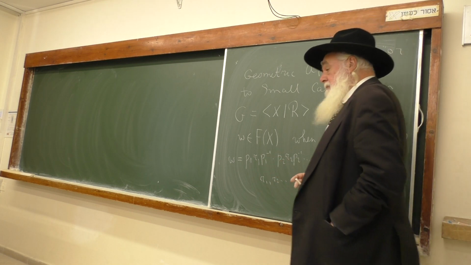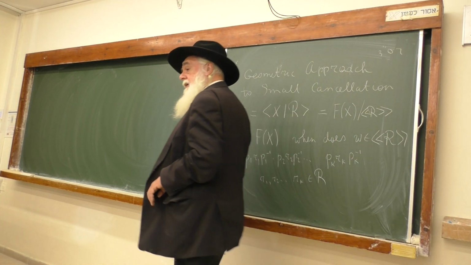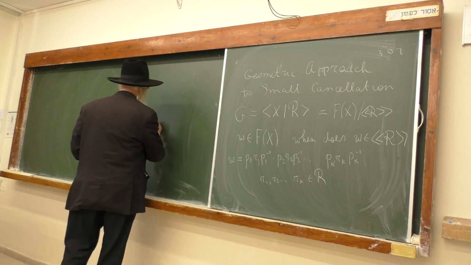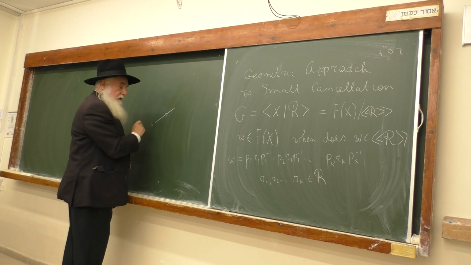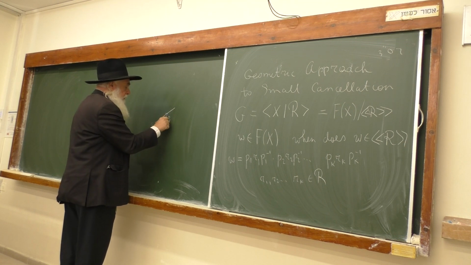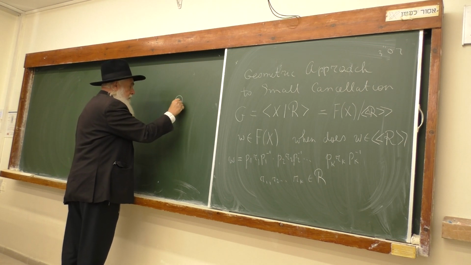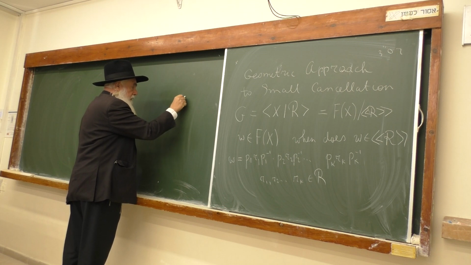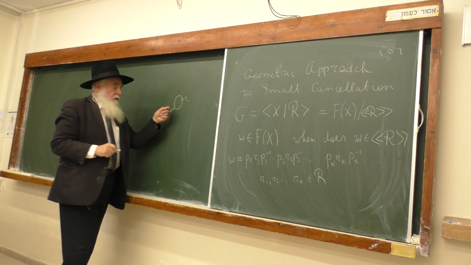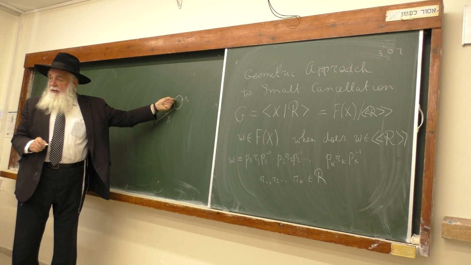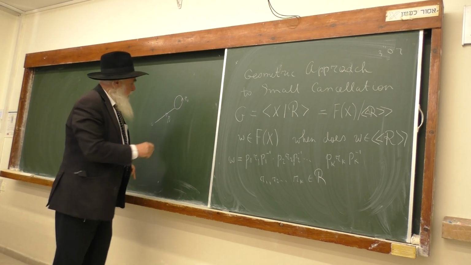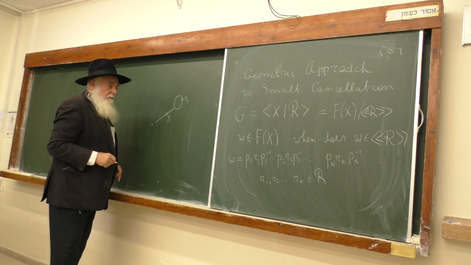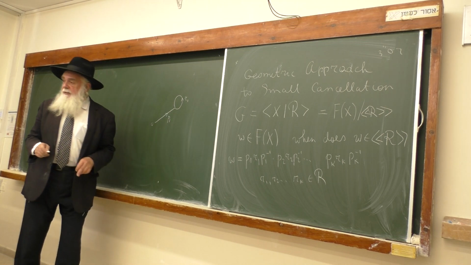Now I can present it in a graphic way. So let this be P1, R1, a cell on whose boundary we have the word R1, and we return here via P1 inverse.